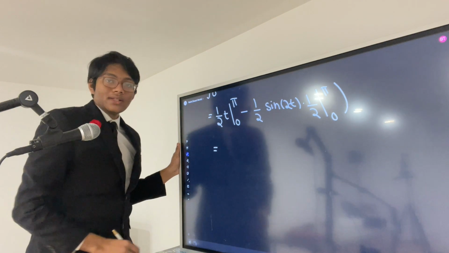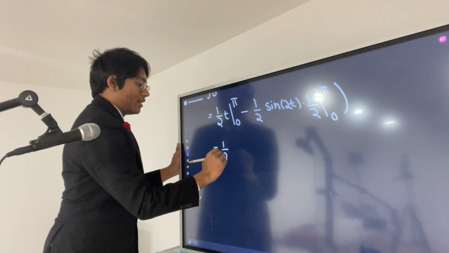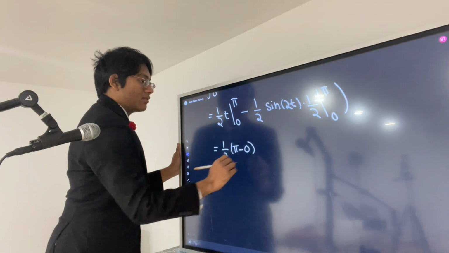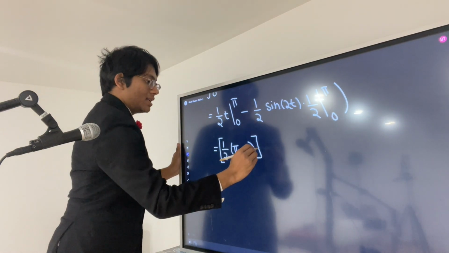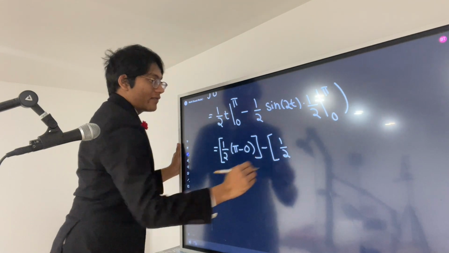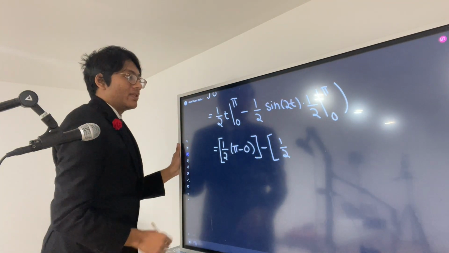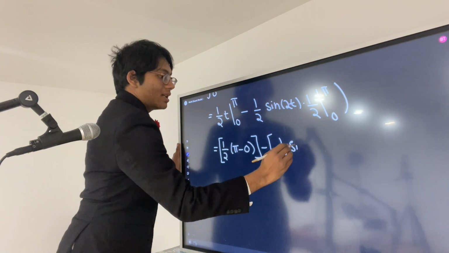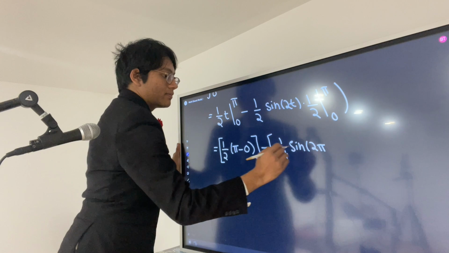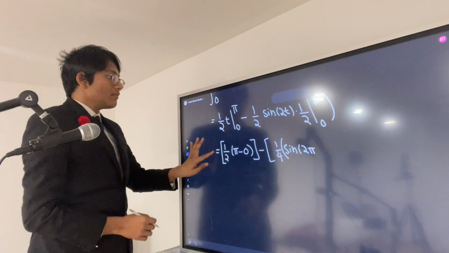So if I work this out, what's that going to be? For my y center of mass, well, I'm going to have half of pi minus 0, okay, that's one element of it, minus half times a half is a fourth, and we're going to have sine of 2 pi, is that right?